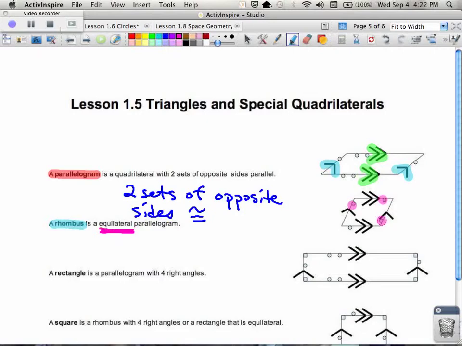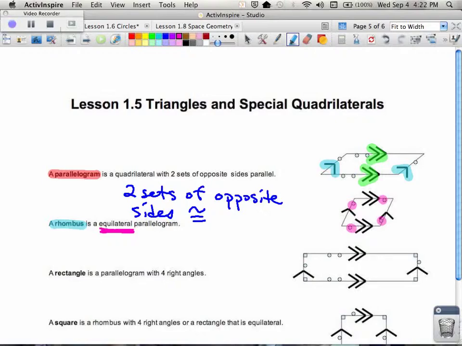So you see these dots here? Those dots in pink are representing that all four of the sides are congruent. So a rhombus is a special parallelogram, which is a special quadrilateral. So it's a more specific definition of something. In a rhombus, there are four equal sides with opposite sides being parallel.